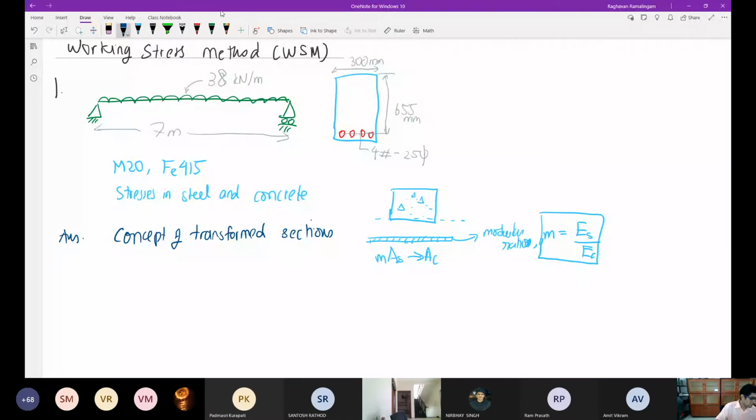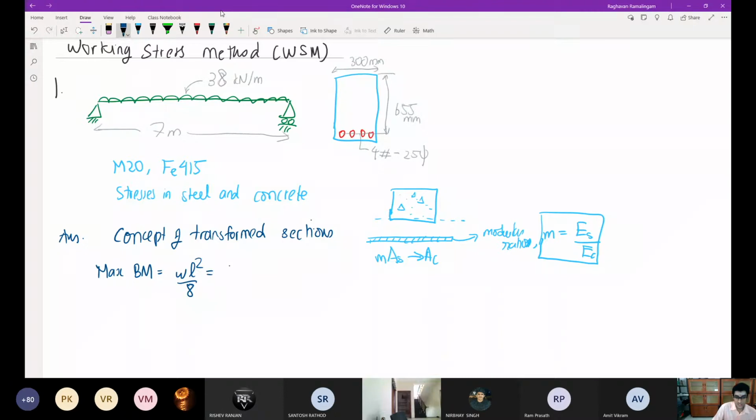Now let's get into the problem. First thing we want is what is the maximum bending moment. What is the maximum bending moment for this? How do you find it? So WL square by 8. Very good. WL square by 8. So make sure your units are all consistent.